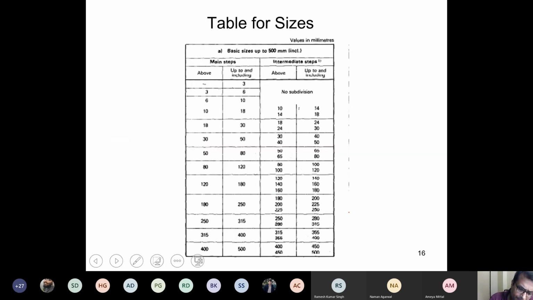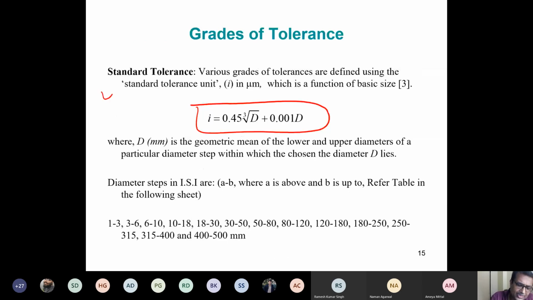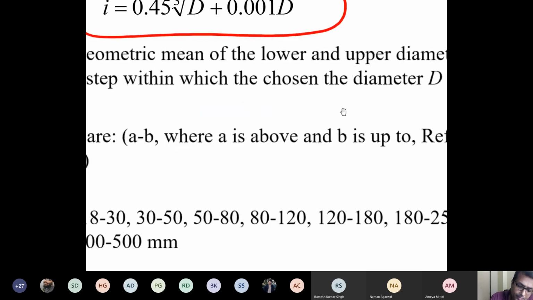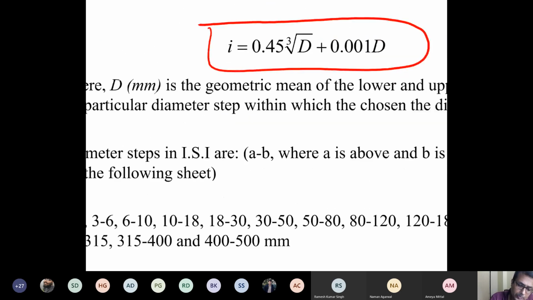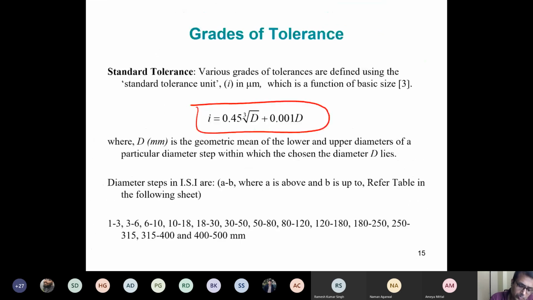There's a table here. See, IT6 is 10i, IT7 is 16i, 25i. How do you get this i? This i is the tolerance unit. Tolerance unit is a function of D.